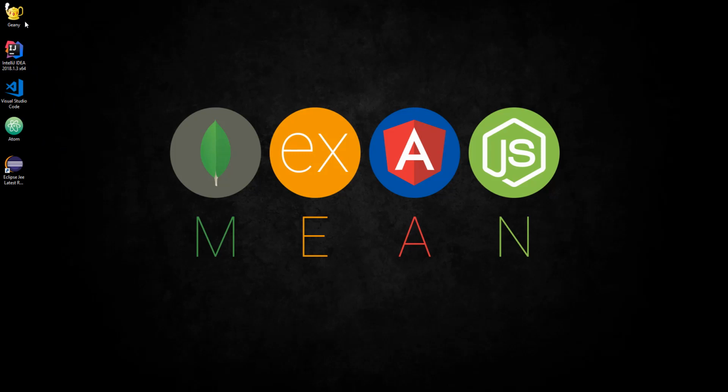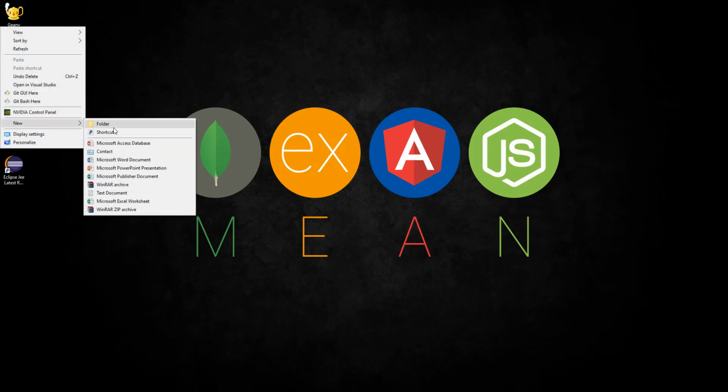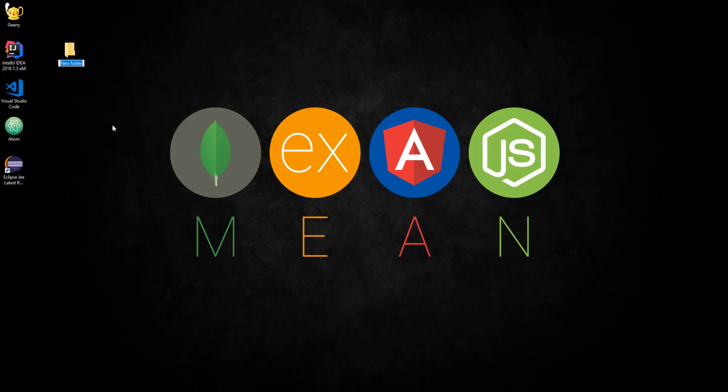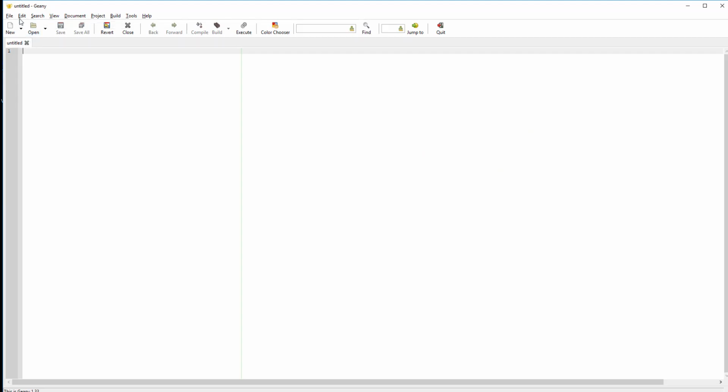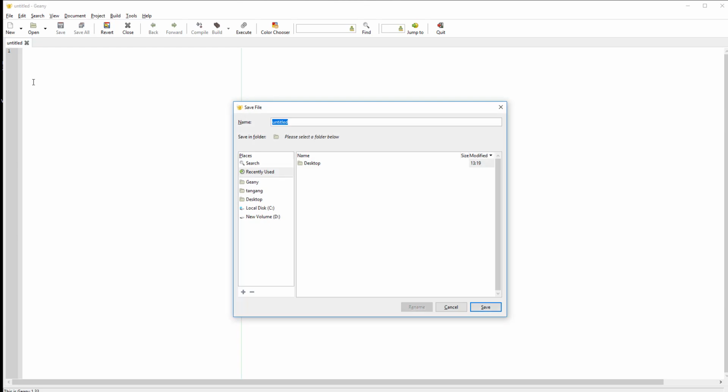So what I'm going to do is create a folder on my desktop, and you should do so too, or somewhere on your machine, and call it Java. We're going to store our Java files in here. Next, I want to open up a new instance of Geany, go to File, and then Save As.